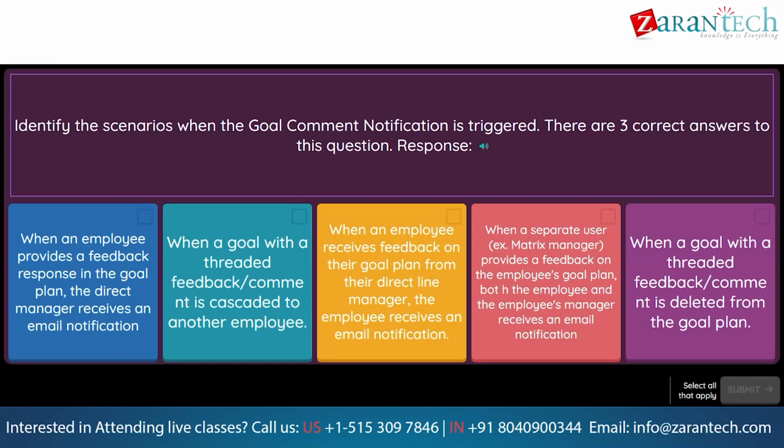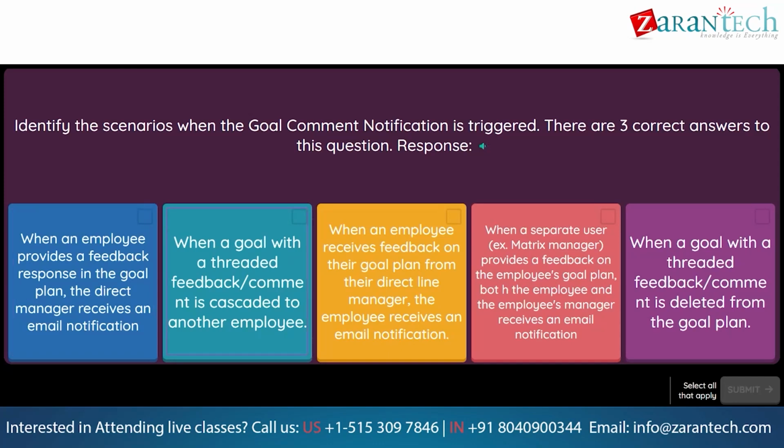Question: Identify the scenarios when the goal comment notification is triggered. There are 3 correct answers to this question. Response: Option 1, when an employee provides a feedback response in the goal plan, the direct manager receives an email notification. Option 2, when a goal with a threaded feedback/comment is cascaded to another employee.